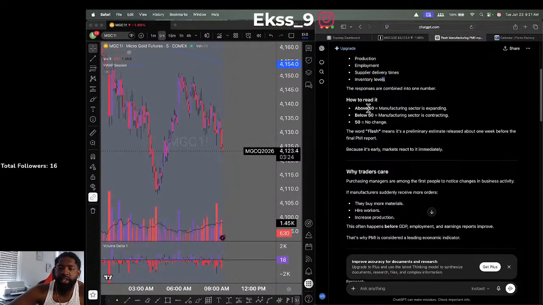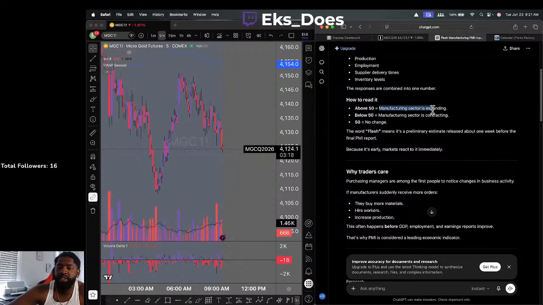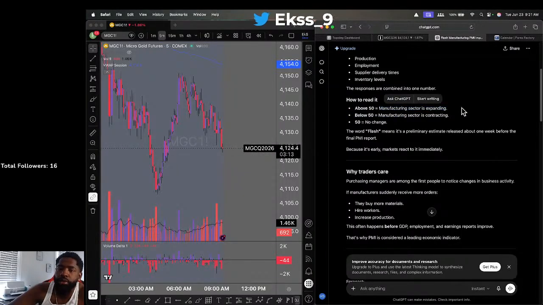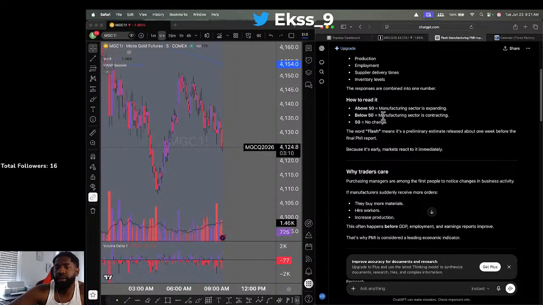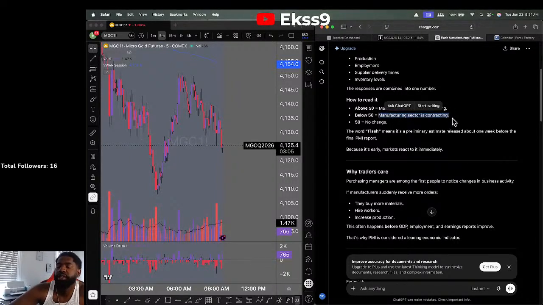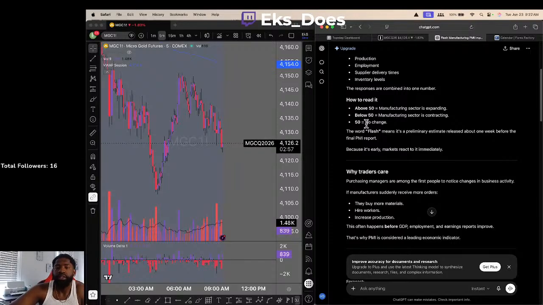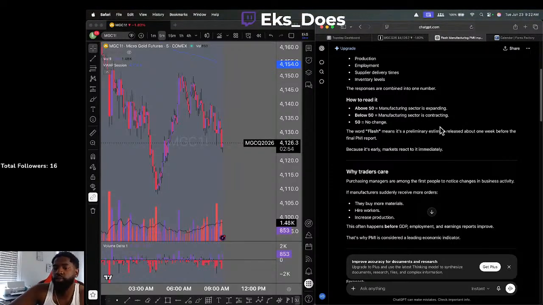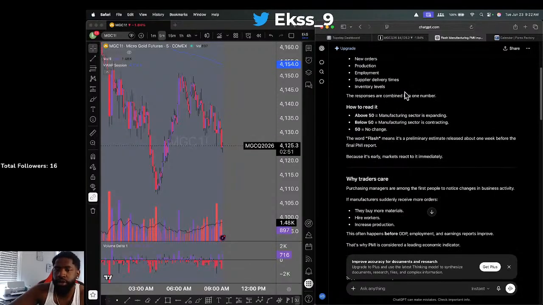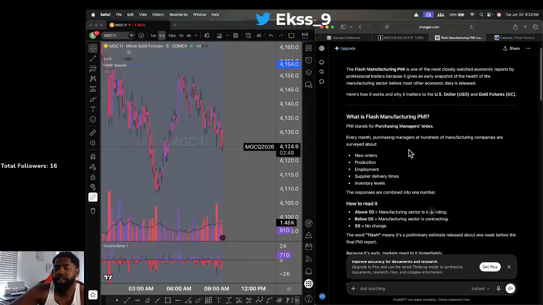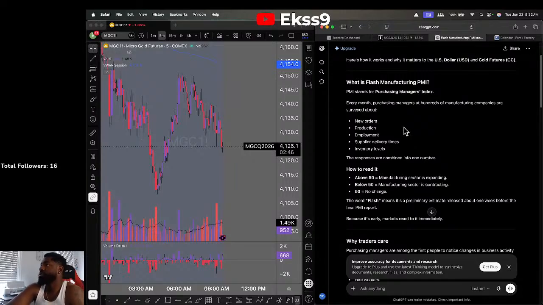If that number is above 50, the manufacturing sector is expanding, or basically business is doing good, and they're projecting business to get better. But if it's below 50, then business within the U.S. is declining and going towards the downside. If it is 50, then there's no change from the previous report.